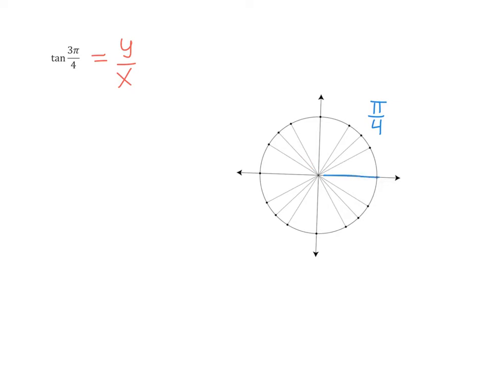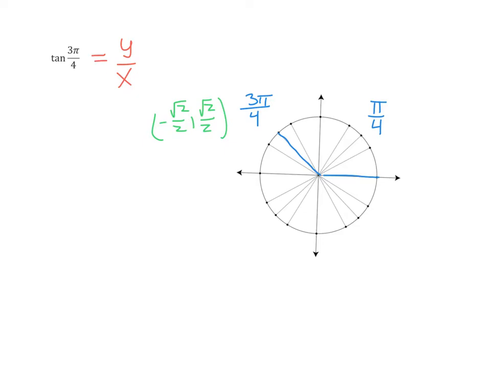So initial side here, terminal side right here, 3 pi over 4. The corresponding point, we're going to have a negative x value. It's negative square root 2 over 2, positive square root 2 over 2. And now we evaluate y over x.